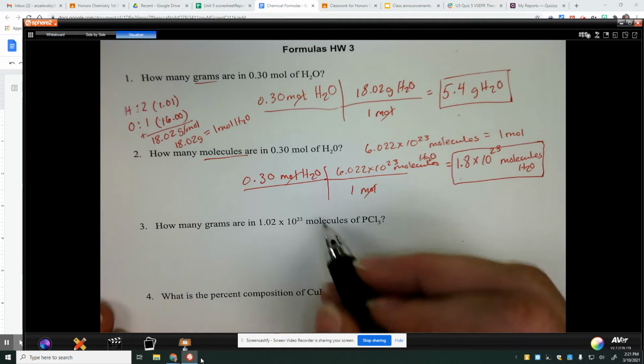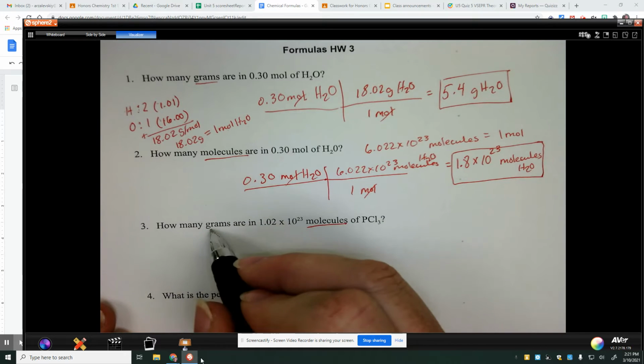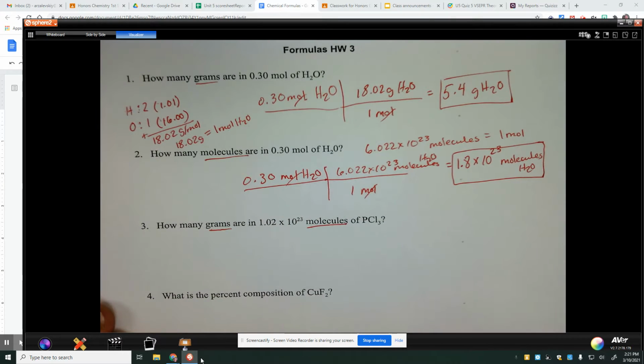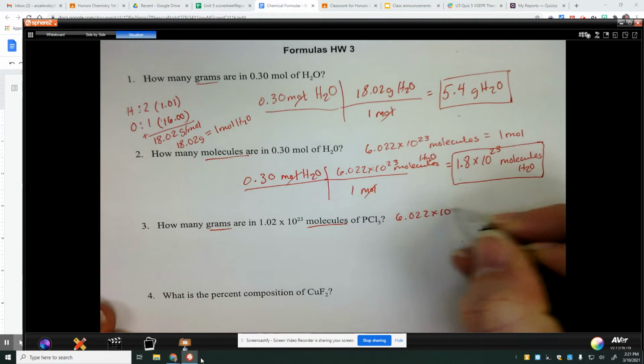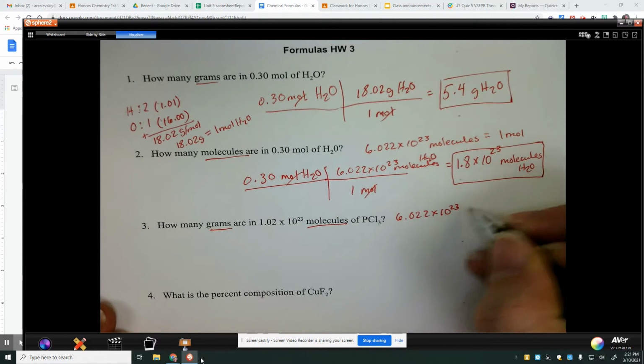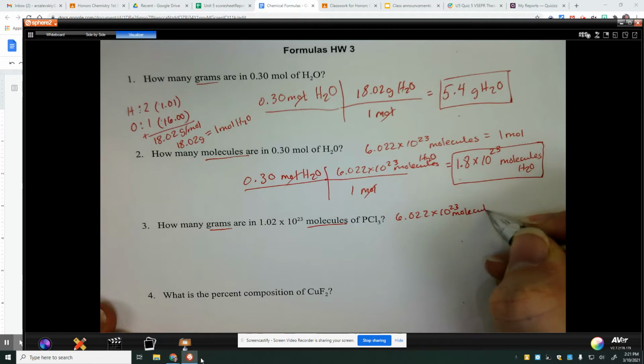In number 3, we have molecules, and we also see the word grams. So that lets us know we're going to have to use both Avogadro's number and molar mass. 6.022 times 10 to the 23 molecules per mole.